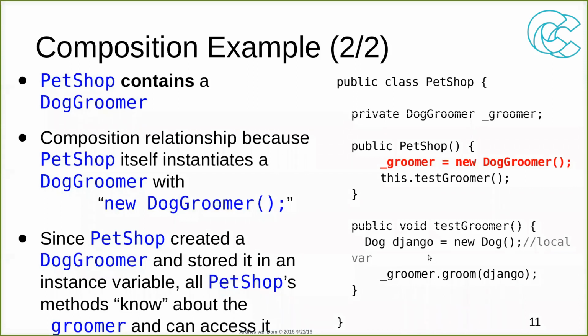Okay, so you are creating this groomer here, but you are passing it to a different class and asking that class to store it. Yes. In that sense, that's right. So if there are any pointers to that memory location which are active, then it cannot be garbage collected. So that statement holds true.